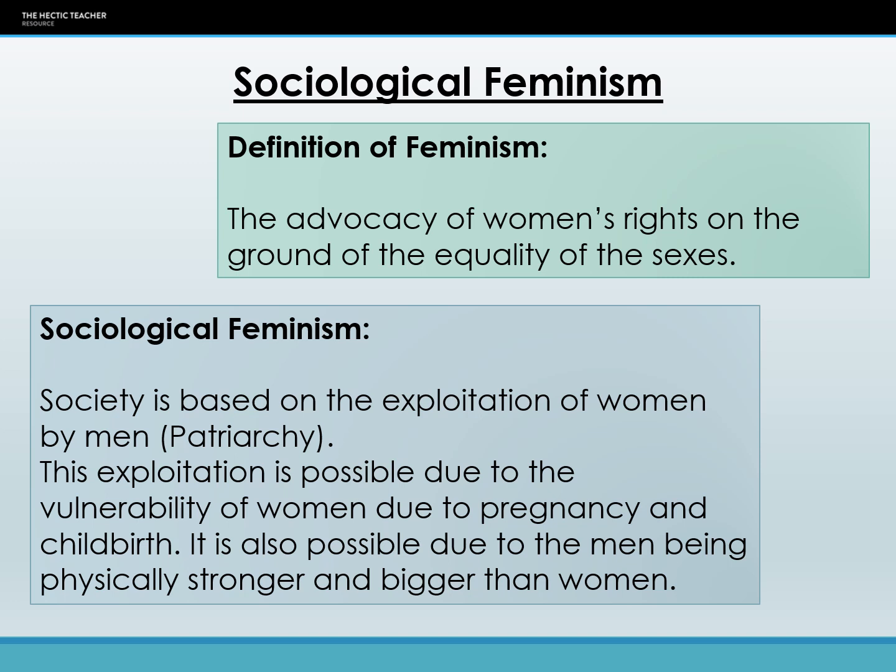Obviously, there are exceptions to this rule, but generally men are bigger and stronger than women. So what sociological feminists are interested in is finding out about the experiences of women within a patriarchal society and trying to bring around change, going back to that original definition of feminism, the advocacy of equality.